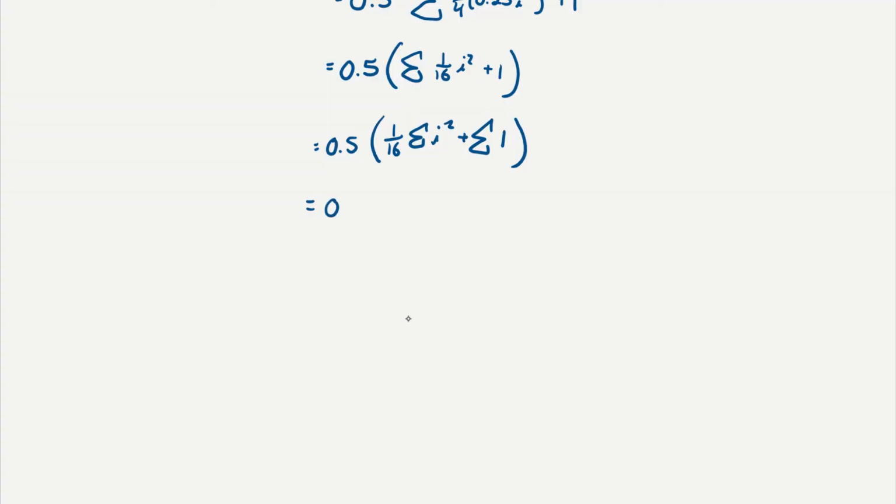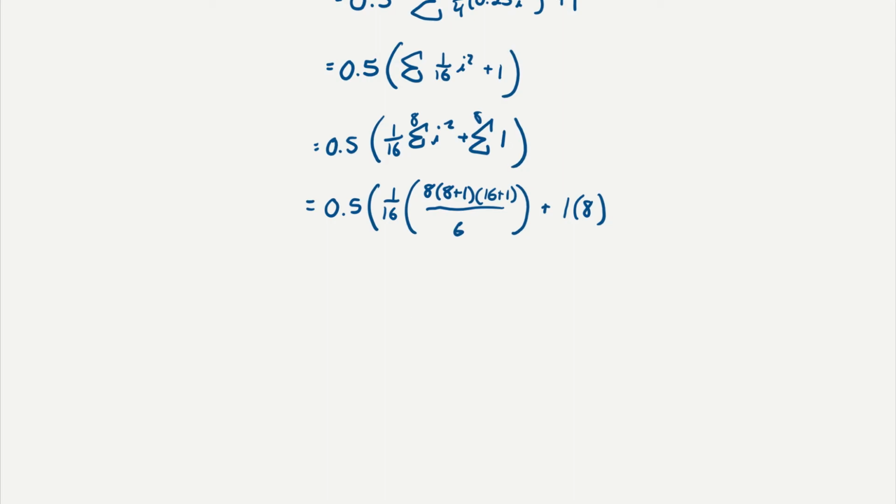Equals 0.5 times 1/16, and then the summation of i squared. Also remember we are going up to 8, so in the formula, n will be 8, so we go 8 times (8 plus 1) times (16 plus 1) over 6, and that's our i squared formula if we forget it, and then plus 1 times 8.